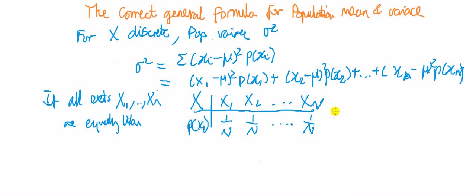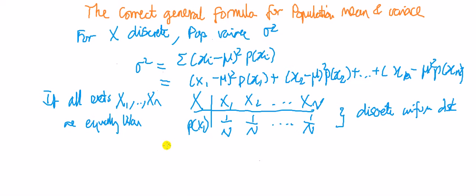In other words, what you have here is what we could call a discrete uniform distribution. Discrete because there's a discrete number of outcomes, uniform because it's uniform probabilities, the same probabilities for each observation.